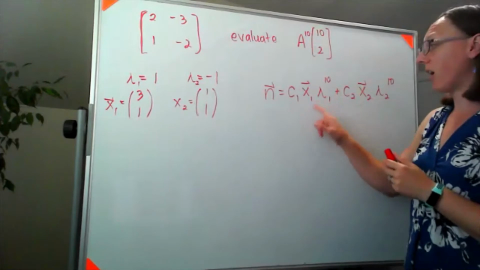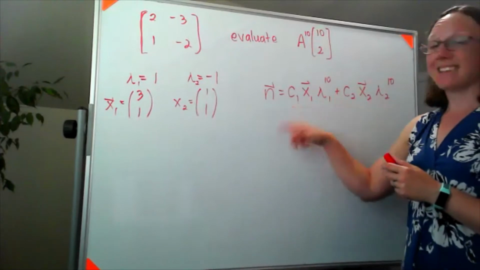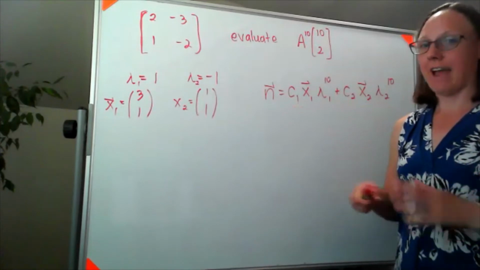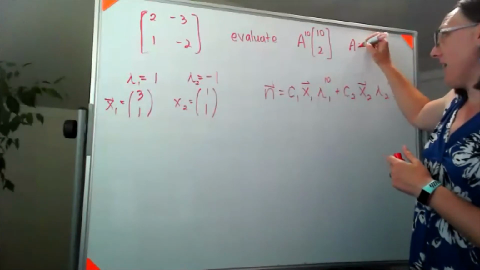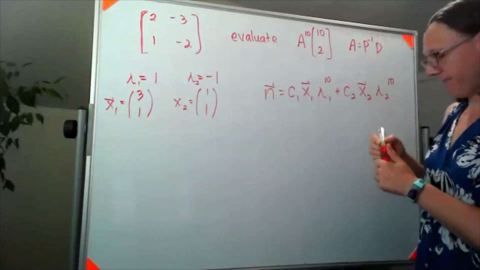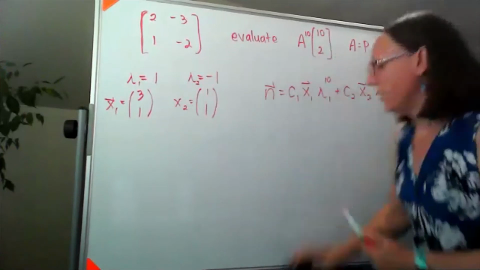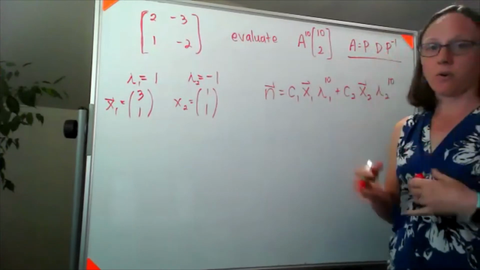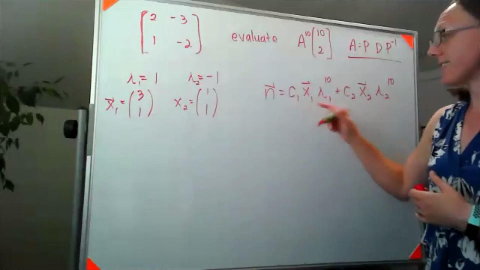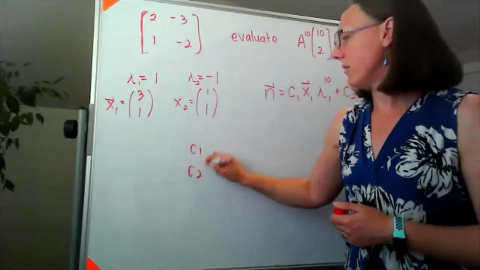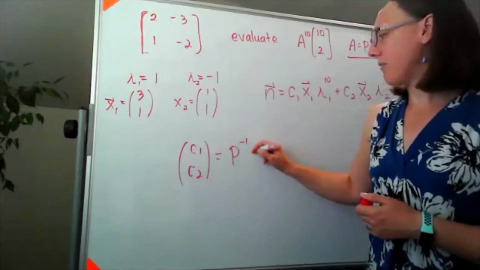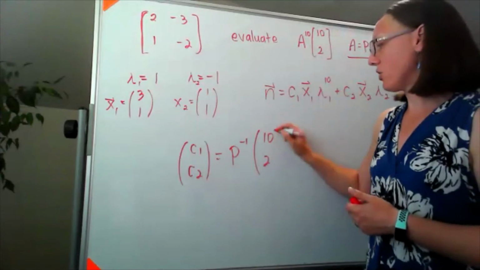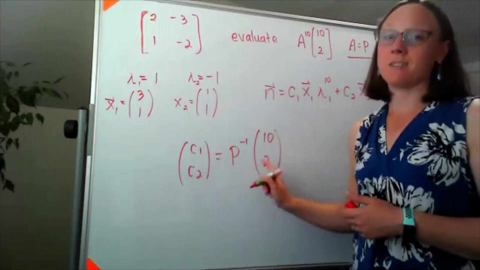So we already know what our x and lambda values are, but to get the c1 and c2, that's where we're going to use the diagonalization formula for A. So if A is equal to P D P inverse, where P is the matrix formed by my eigenvectors, we solve for the c1 and c2 by doing P inverse times whatever our initial vector was, so 10, 2. So now we have to find P inverse and do this multiplication.